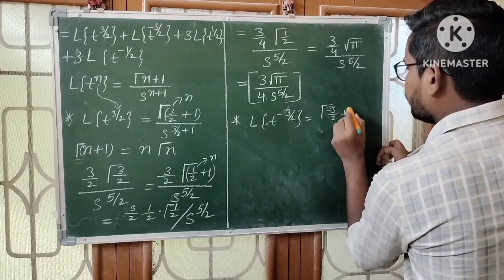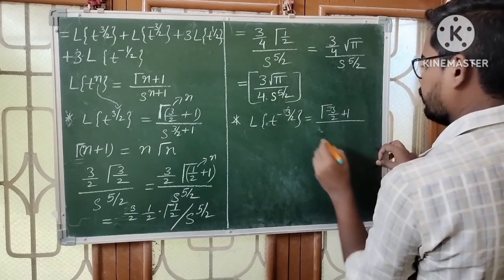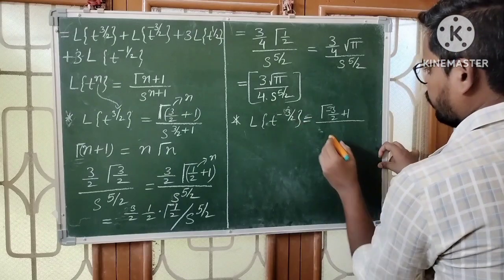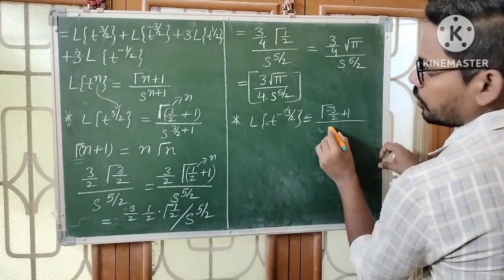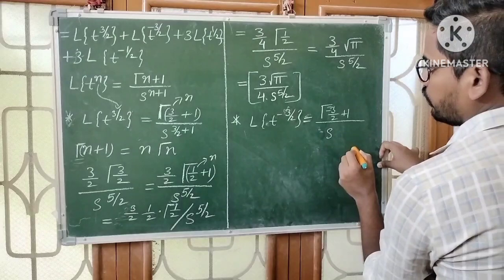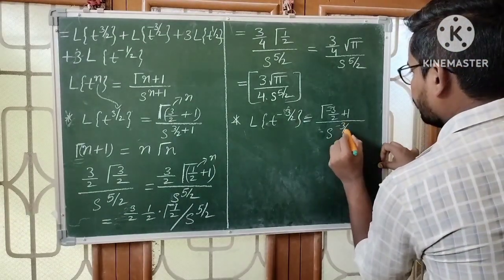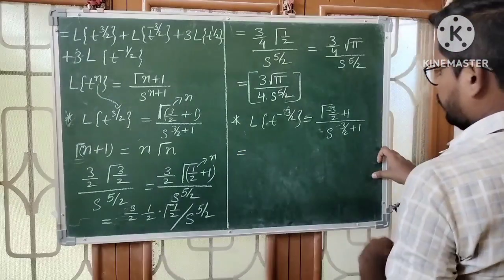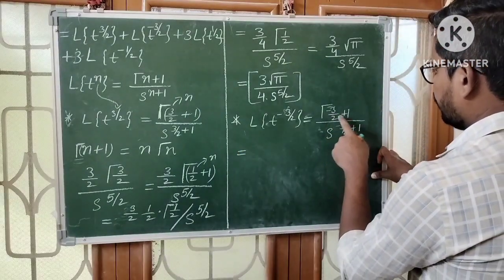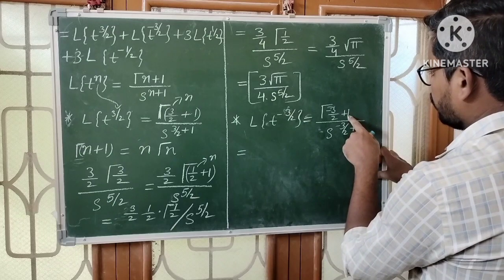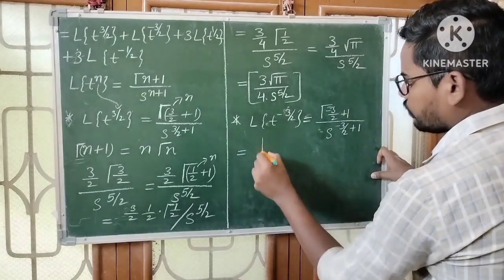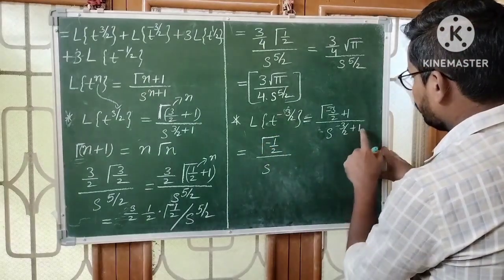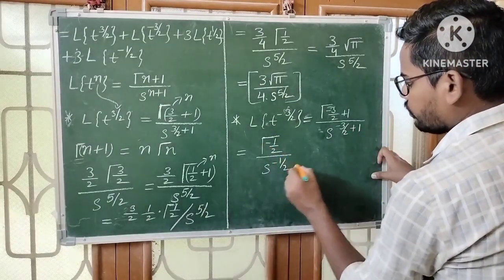Minus 3 by 2 plus 1 by s power minus 3 by 2 plus 1. So gamma minus 3 by 2 plus 1. 2 ones are 2. Okay. Minus 3 plus 2 is minus 1. So gamma minus 1 by 2 by s power, 2 ones are 2. So we will get s power minus 1 by 2.